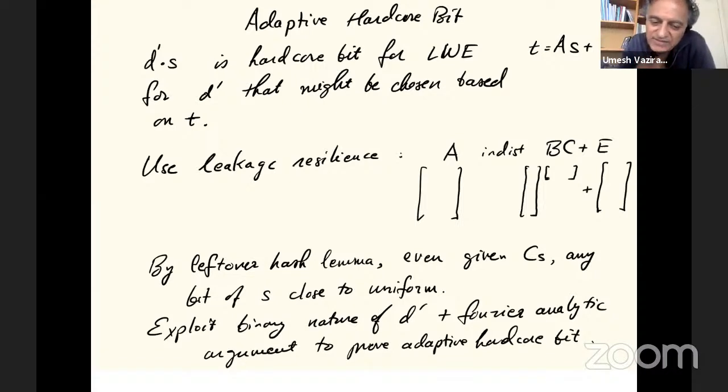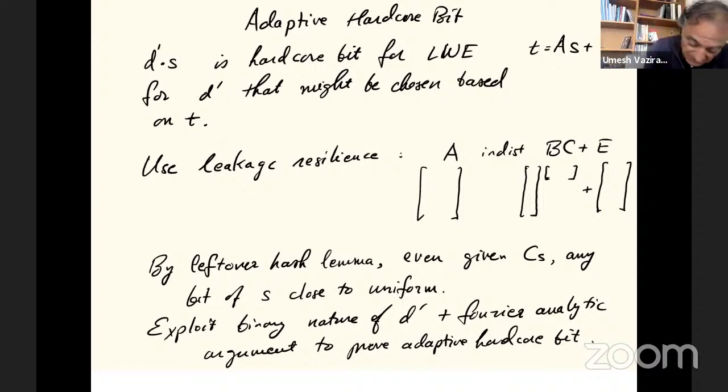There's one other thing that I skipped, which is that for all this to hold, we must have D not equal to 0, and that imposes some condition on D prime. That's something we have to be able to check efficiently, and of course you can check it efficiently because the verifier has trapdoor information.